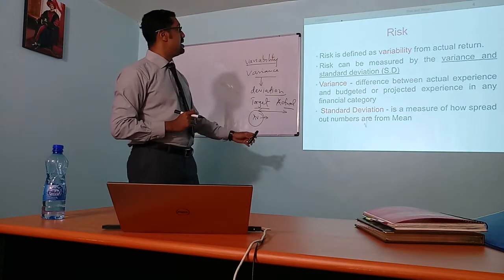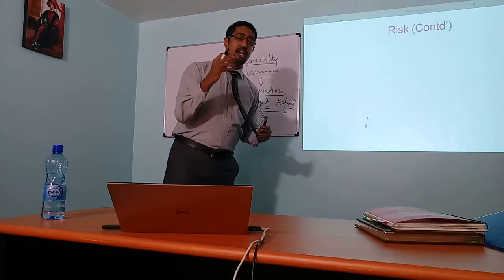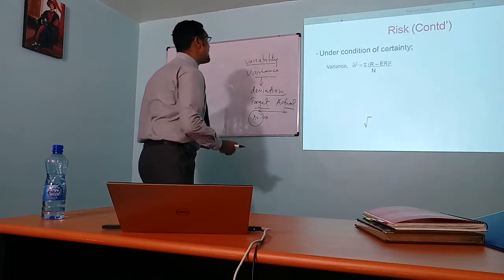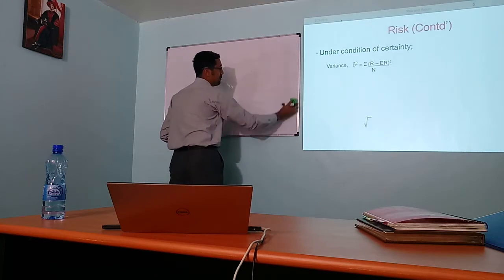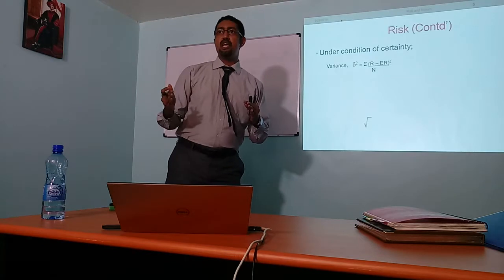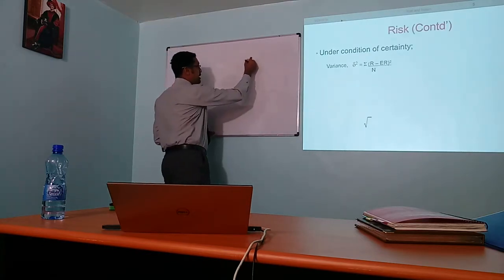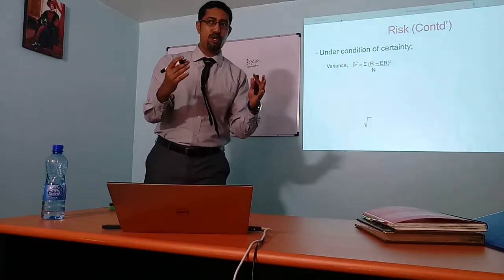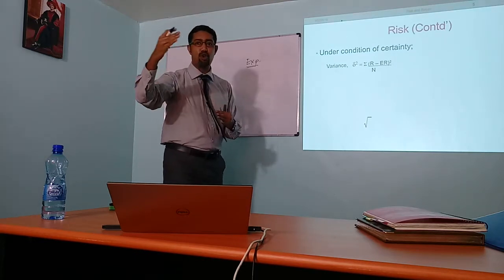Now, we are going to look at risk under two conditions: condition of certainty and condition of uncertainty. Under condition of certainty, the expectation can be derived because you know the outcome, you know the possible outcomes under different conditions.